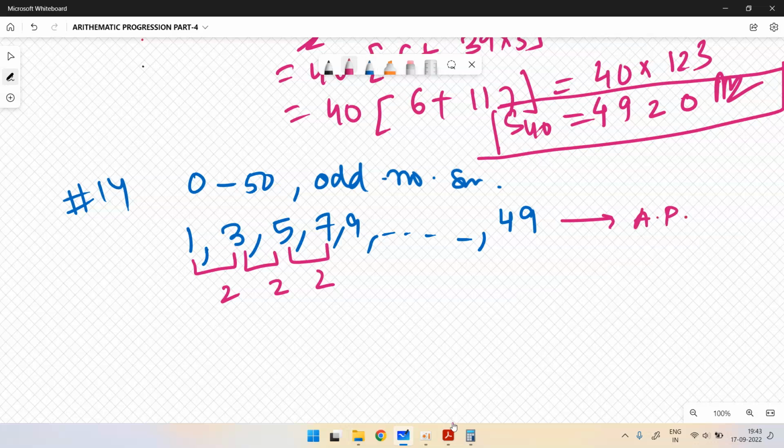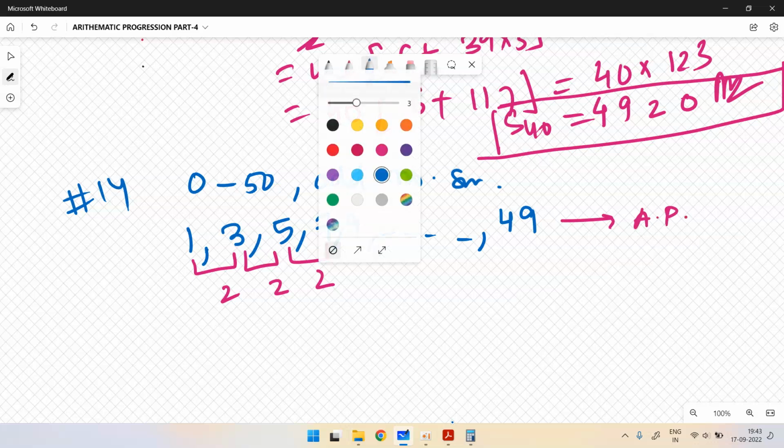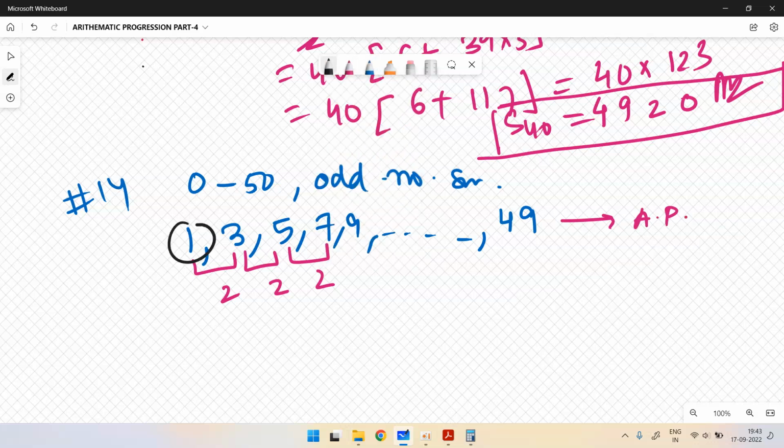The first term is 1, the common difference is 2, and a of n is given to be 49, the last term. Now you don't know the n value.